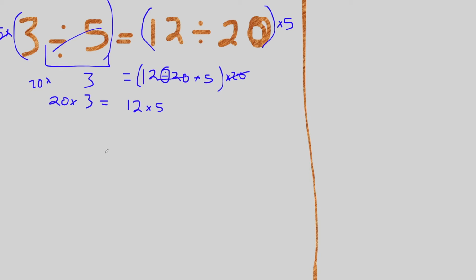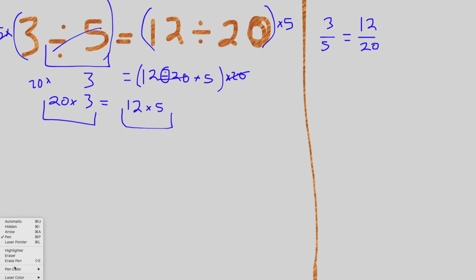Why would I want to do this? Well, now I'm going to rewrite this, and I want you to notice I have 20 times 3 and I have 12 times 5.